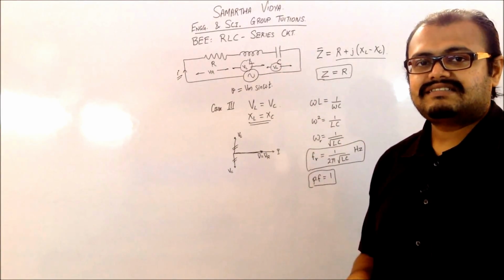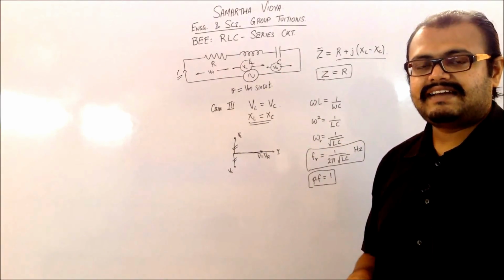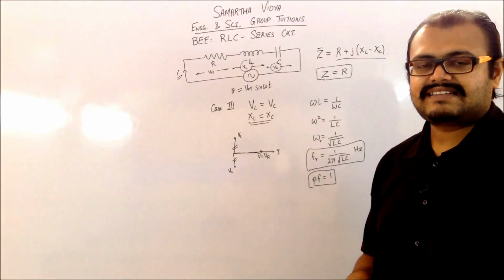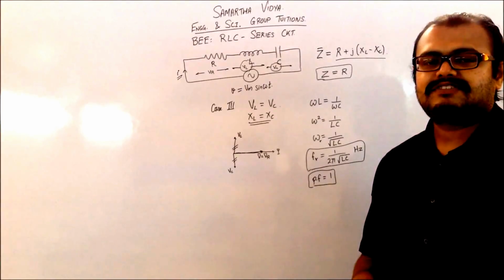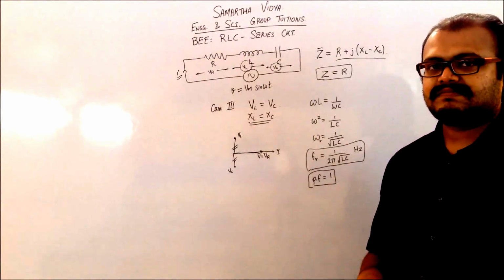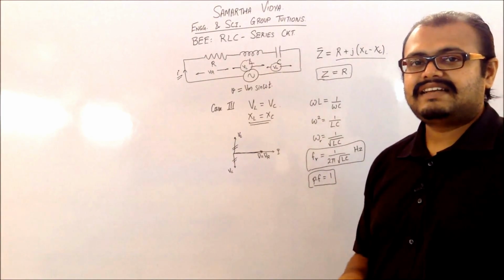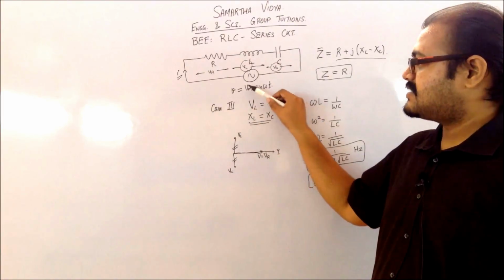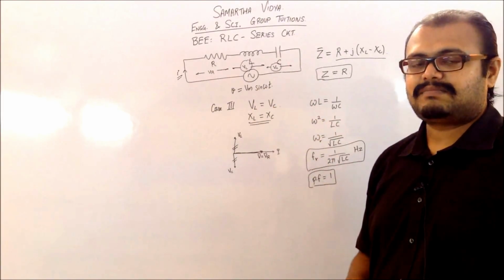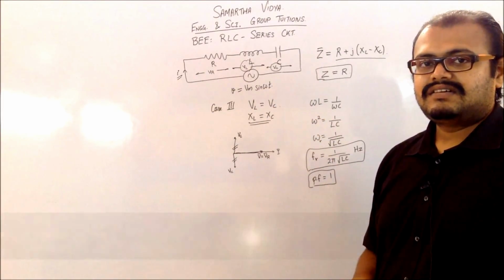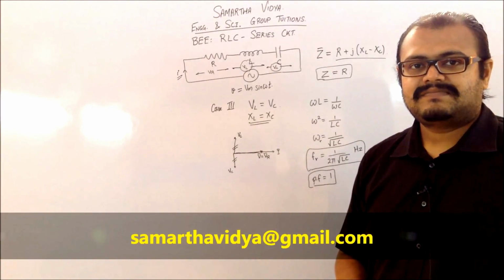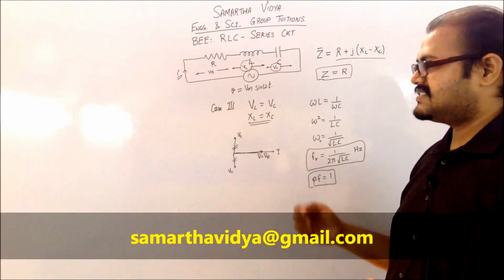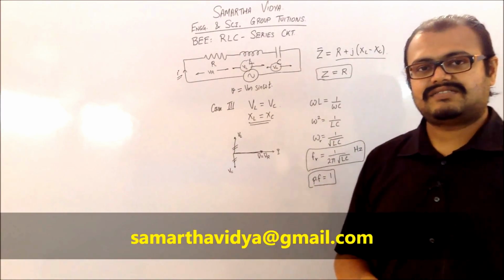The voltage drop across your inductor and capacitor, even though they are cancelling out each other, will be magnified across them. That means relatively their voltage will be more than that applied. So those are the things you should understand in your RLC circuit, and just as we discussed, this is a condition for resonance.